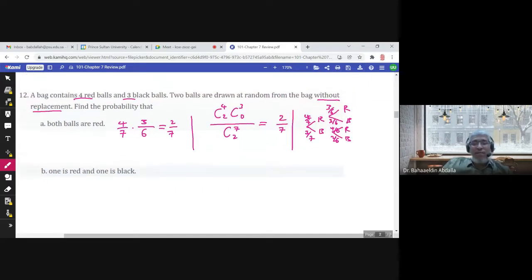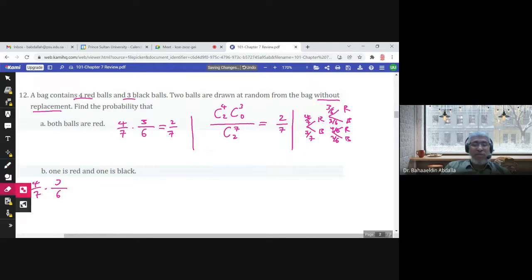One is red and one is black. Well, if you want to solve it like this, he did not say that the first one is red or the first one is black. He said one is red and one is black. So I have to consider the two cases. Let us say that the first one is red. What's the probability that the first one is red? 4 over 7. Times the second is black. How many balls left? 6. How many black? 3. Okay.